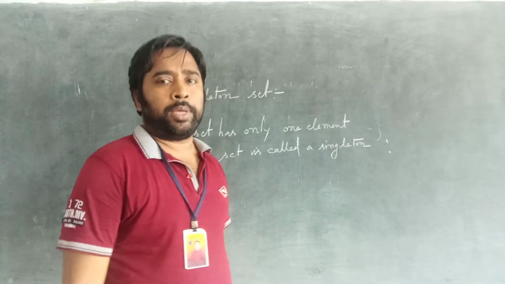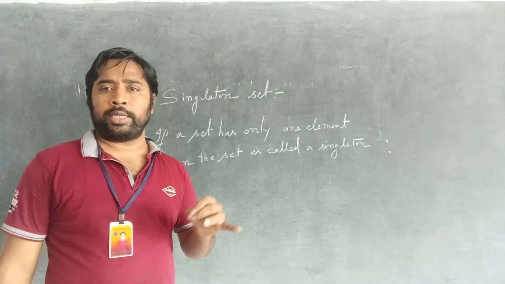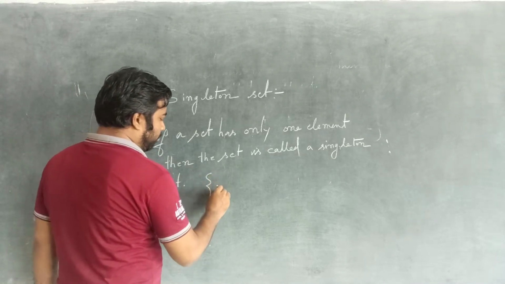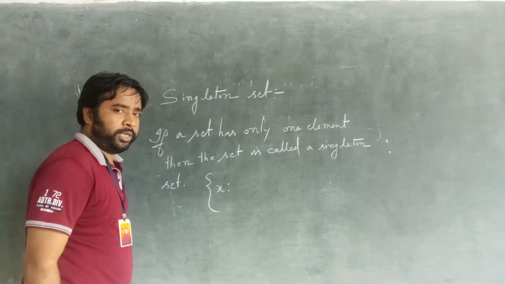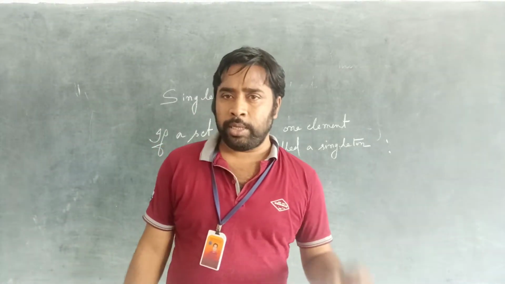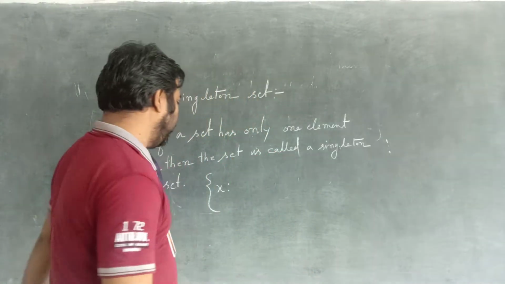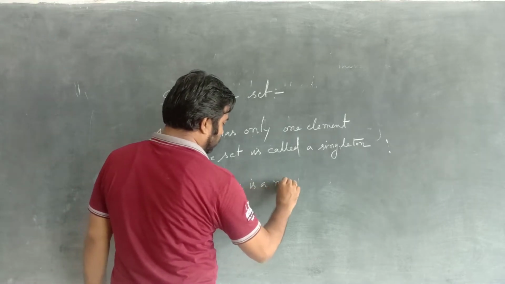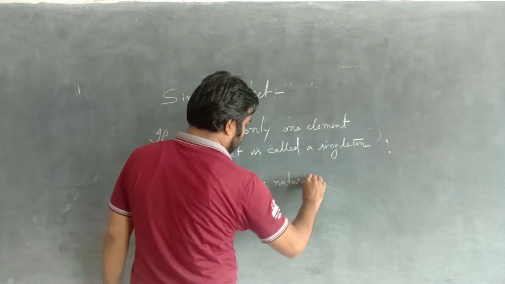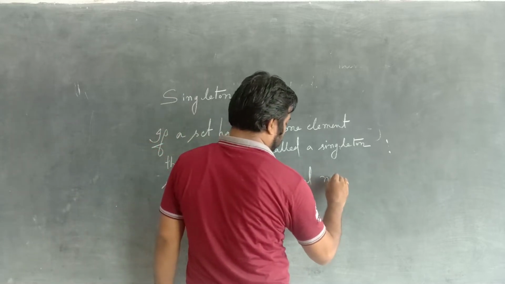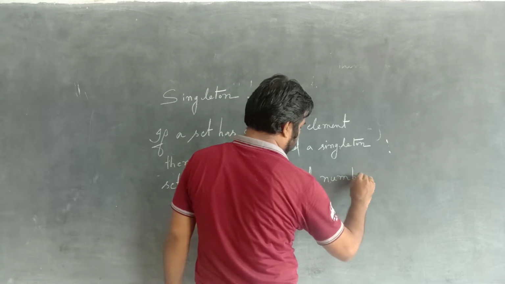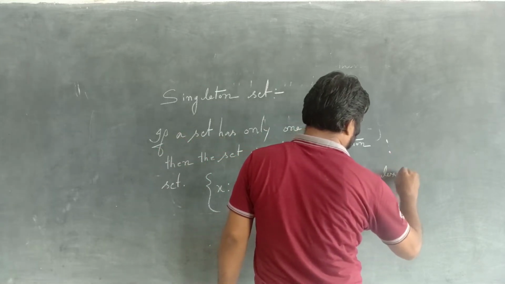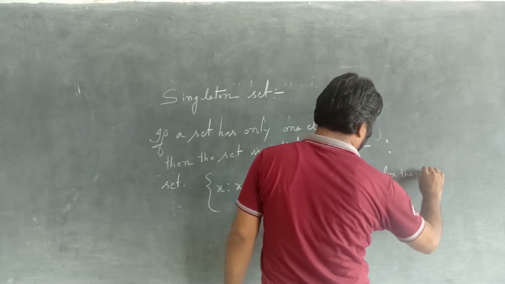सो एक सेट के अंदर में अगर एक ही एलिमेंट होगा, then the set is said to be singleton set. सो एक एग्जांपल लेता हूं मैं. Suppose there is a set, इसको सेट बिल्डर फॉर्मेट में लिखता हूं, क्योंकि सेट बिल्डर फॉर्मेट में जो भी लिखा जाता है it is in the form of x. Elements are not directly visible. So x is a natural number, x is a natural number less than 2.